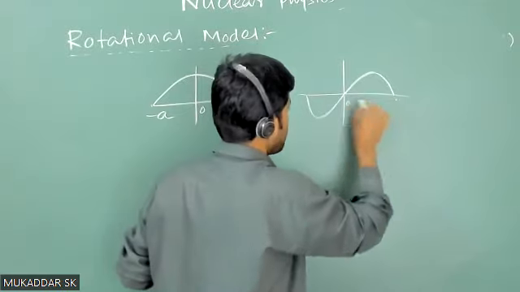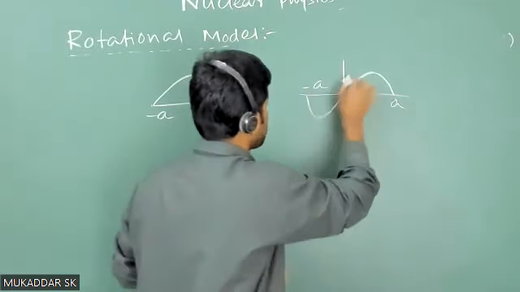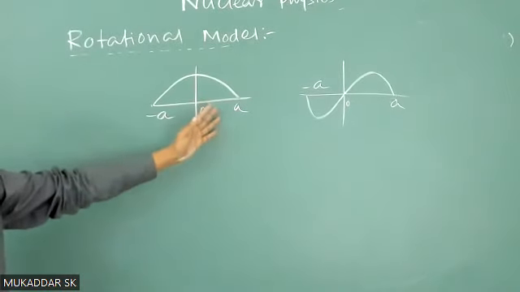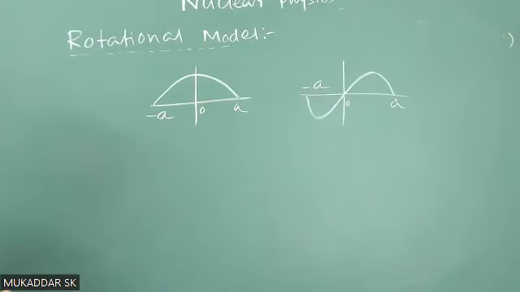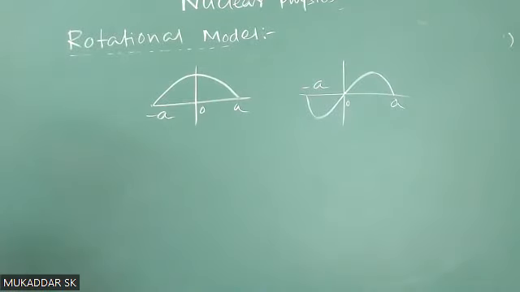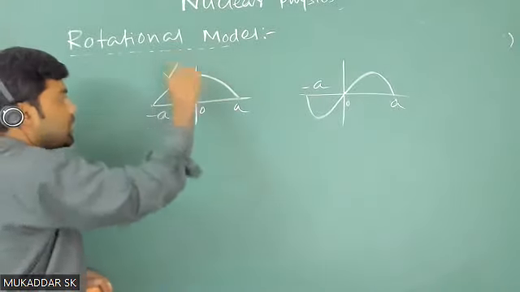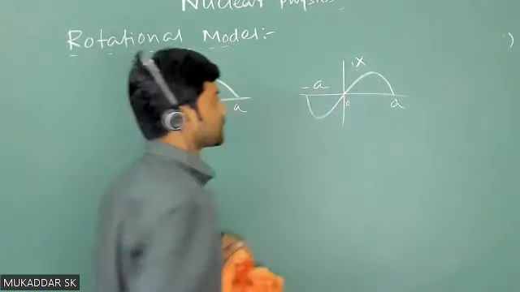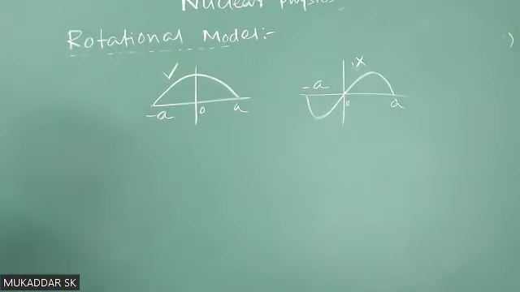Which one will have reflection symmetry? किसका reflection symmetry है बताओ? First one. The first one is having reflection symmetry. The second one does not have any reflection, right? But it is symmetric about the origin.